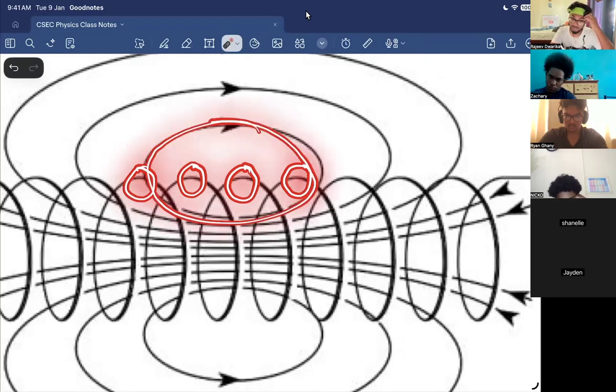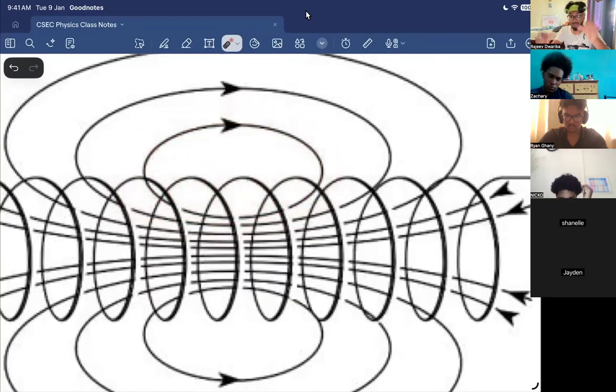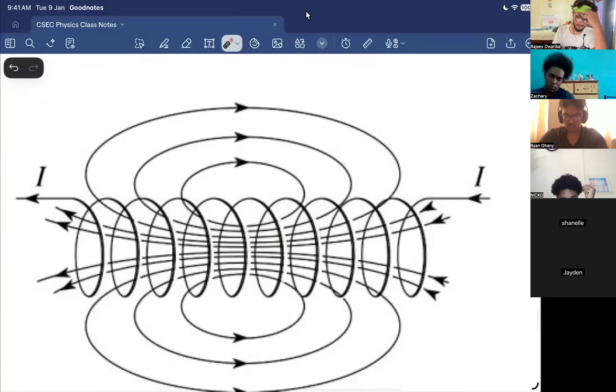You understand? So Nikolai, we're wrapping the wire in coils very close together so that what would add? The magnetic field would add.